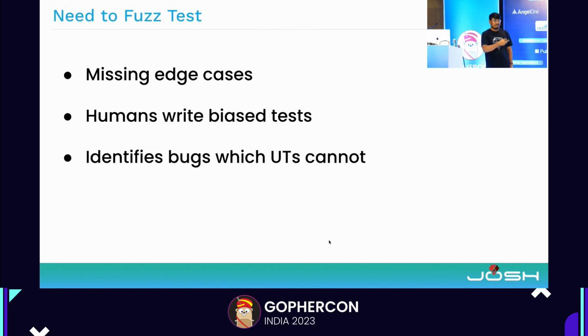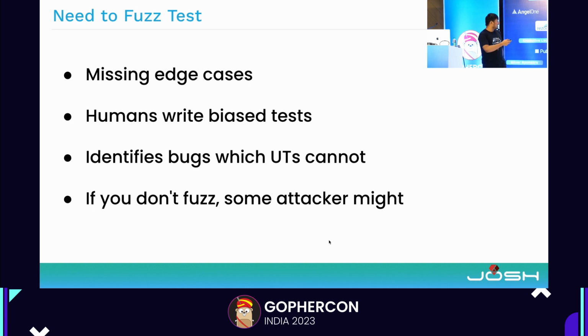It can identify bugs which unit tests cannot. Those were just two bugs which we were able to find, but it can also find crashes, hangs, timeouts, and race conditions in your code. So it is that powerful. And if you don't fuzz, some attacker might do it for you, and that is not going to be good for you when that happens.